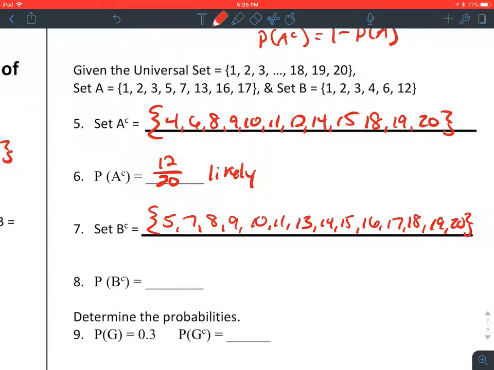What's the probability that if you choose a number at random from the universal set, it's going to be in the complement of B? Well, there are 14 elements in the complement of B, divided by the total number of elements in the sample space, or the universal set, and we get 14/20. This is also likely to happen. Likely means it's more than 50% chance and less than 100%. That reduces to 7/10. We're not going to reduce it.